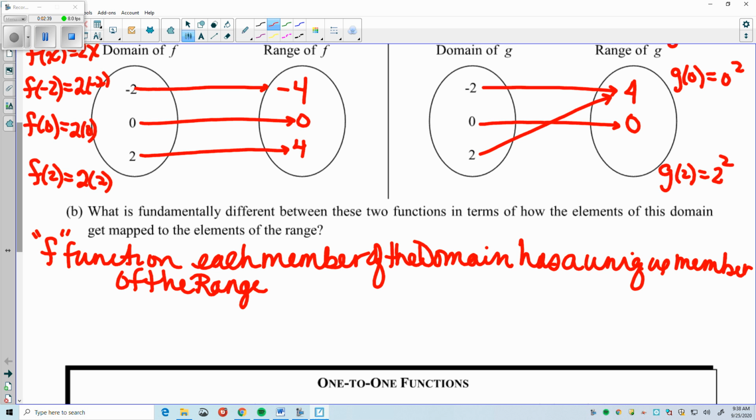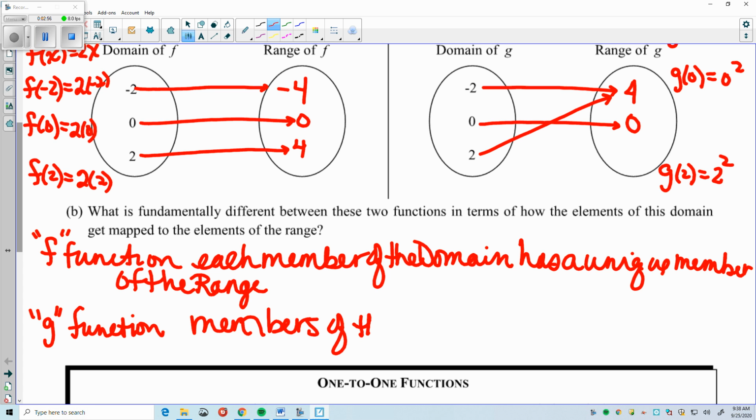So every member of the domain has a unique member of the range. If I'm looking at our g function, that's not the case. In the g function, we could say members of the range are repeated. Two big differences there.